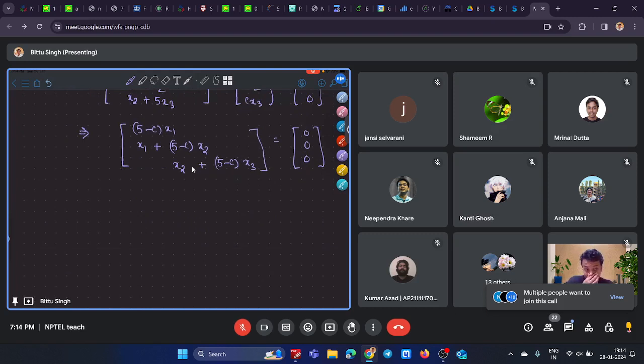You need to solve this equation. So comparing each row, what will we get? We get (5 minus c) x1, this is 0.